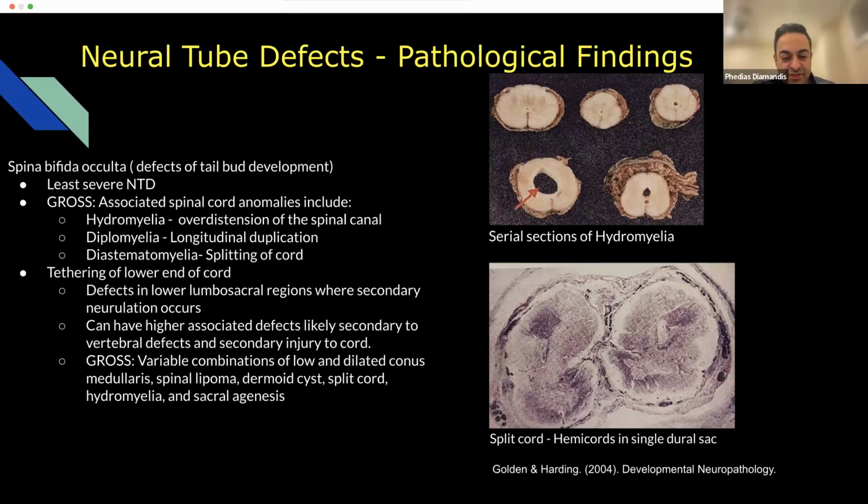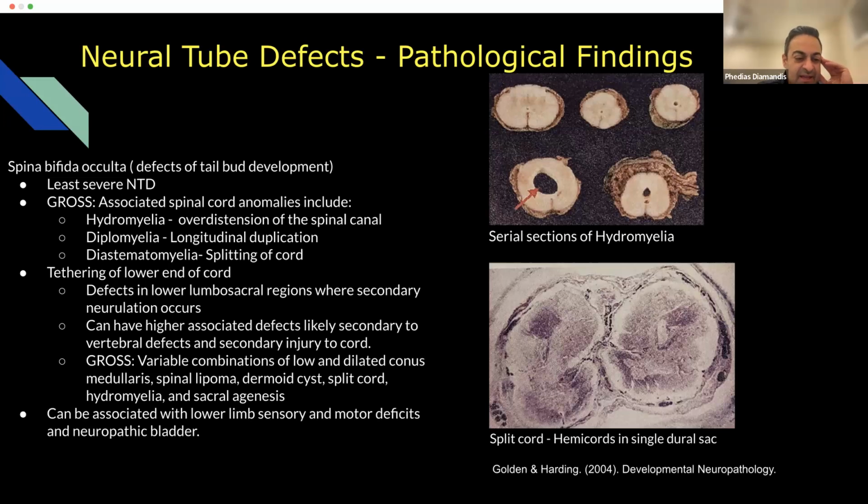There's various combinations. Something mechanistically different is like the spinal lipomas and dermoid cysts. I think these are not necessarily due to tethering, but due to aberrant differentiation of this kind of multipotent mesenchymal mass. So that's important. We'll show examples of that.